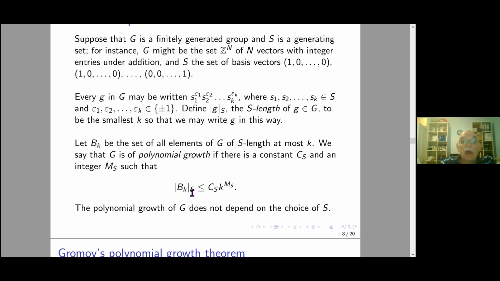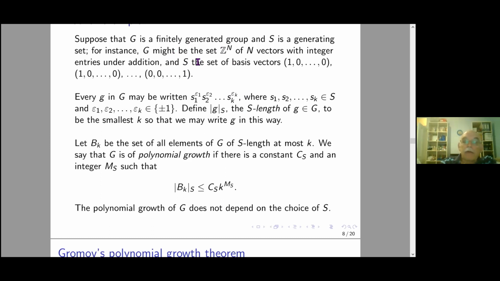If it grows like some power of k, then we say G is of polynomial growth. And although apparently polynomial growth might depend on the set of generators that I take, it turns out that that is not the case. So that is a way to look at metrics in groups, lengths in groups, and to define the idea of polynomial growth. So this example here is of polynomial growth.